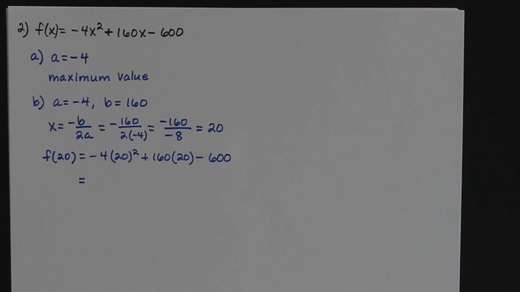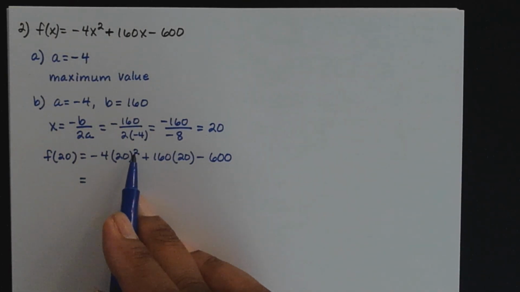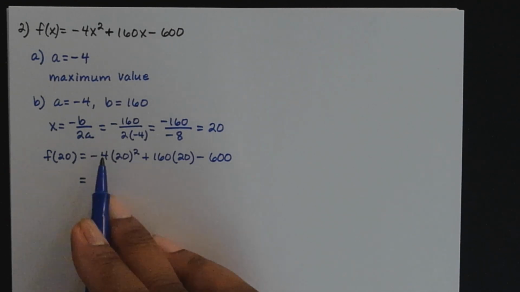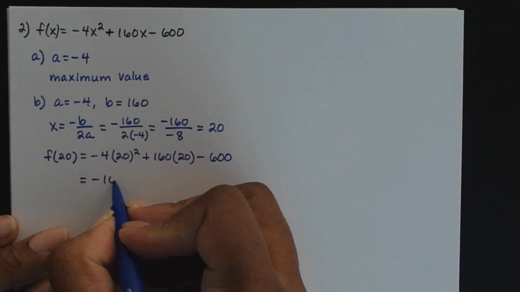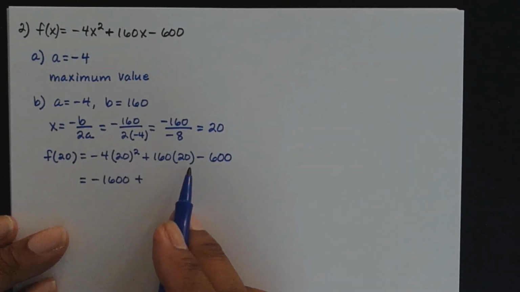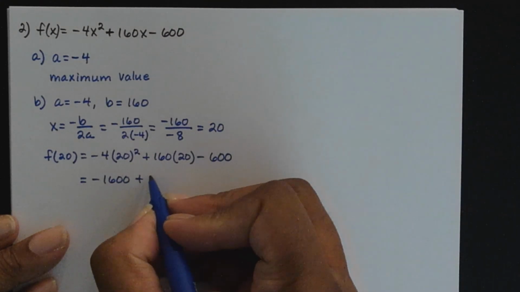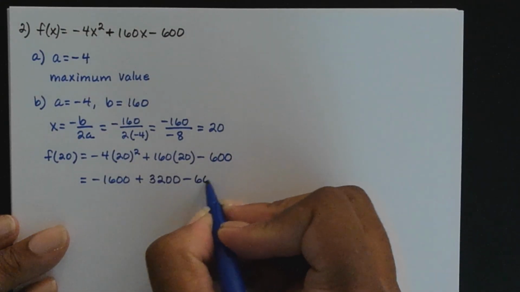And if you simplify this, 20 squared is 400. Then 400 times the negative 4 would be negative 1,600. 160 times 20 would be 3,200.